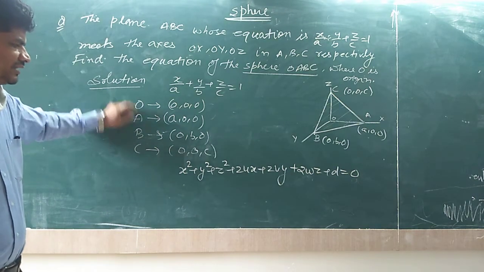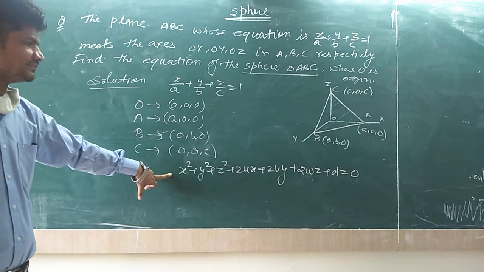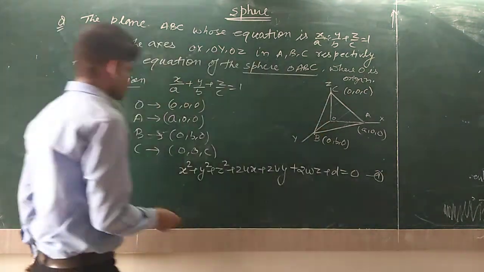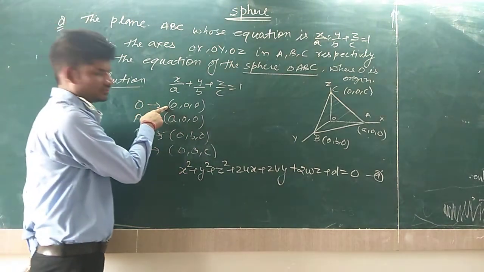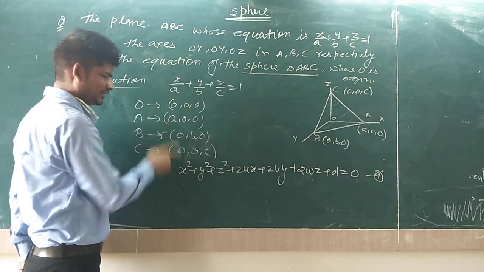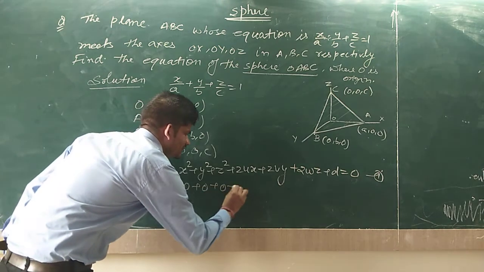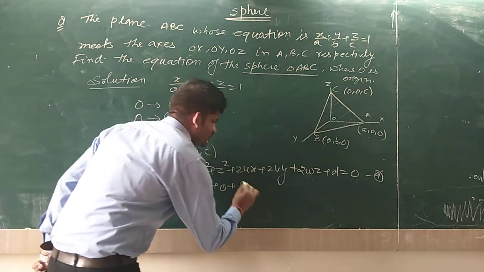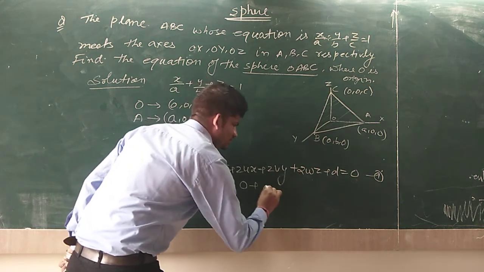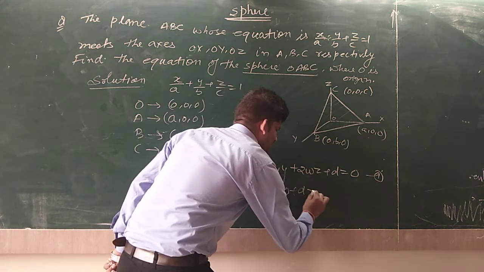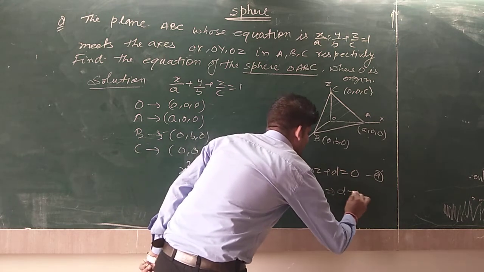Putting the first point in the sphere equation, equation number 1: putting the O point 0 0 0, we get 0, 2u into 0 is 0, plus 2v into 0 is 0, 2w into 0 is 0, d equal to 0. So we find d equal to 0.